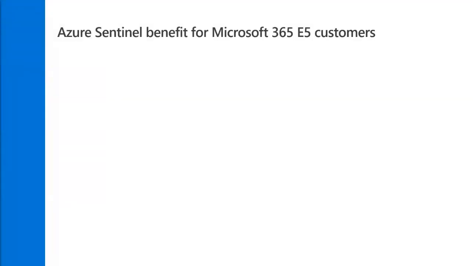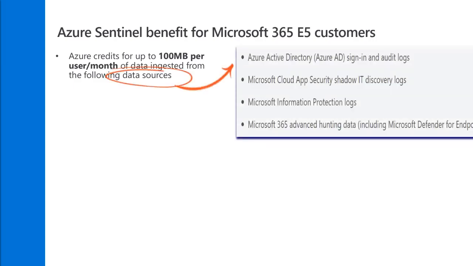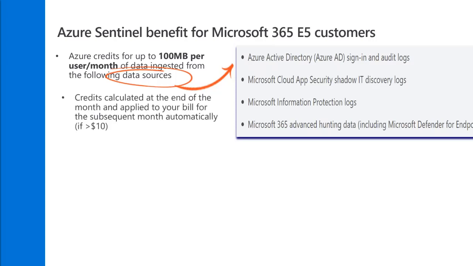All right, let's look at the second benefit, which is the Microsoft 365 E5 benefit with Sentinel. So customers that have Microsoft 365 E5 SKU qualify for Azure credits for up to 100 megabytes per user per month, again, ingested from specific sources. So Azure Active Directory sign-in and audit logs, Microsoft Cloud App Security, Microsoft Information Protection logs, and Microsoft 365 Advanced Hunting data.